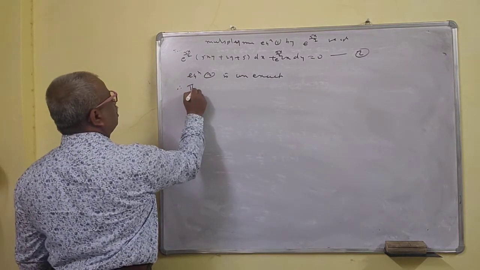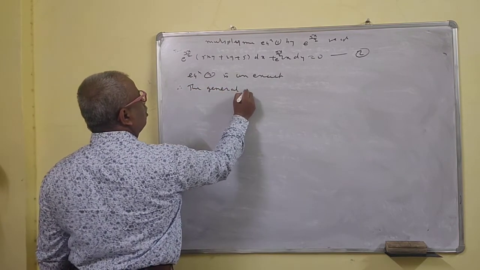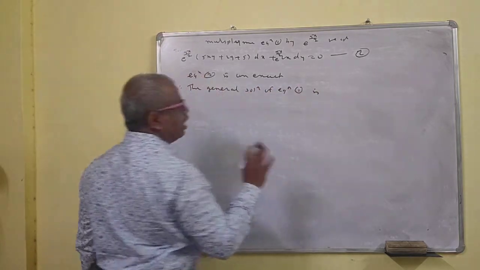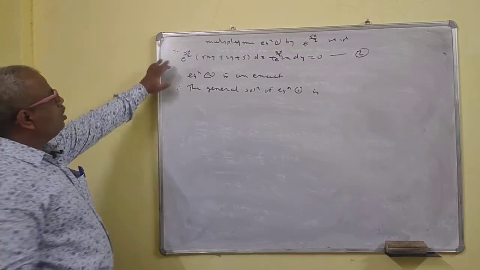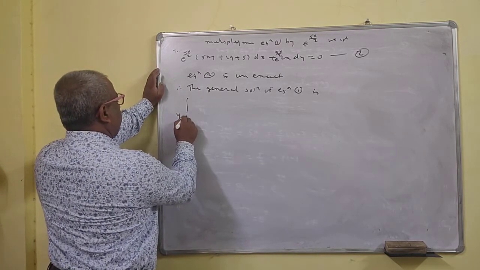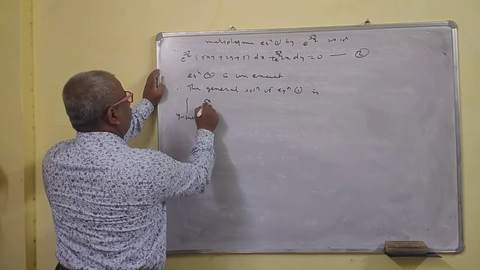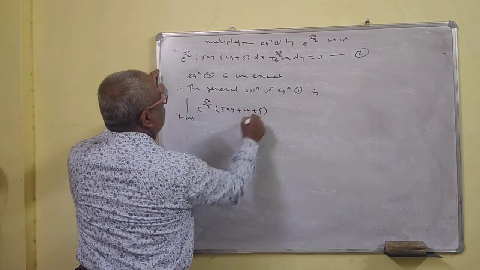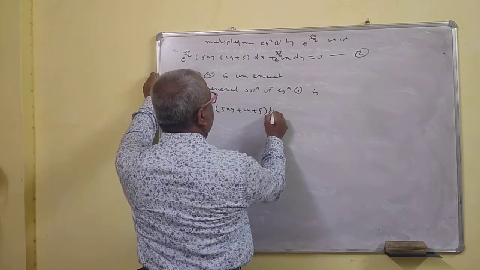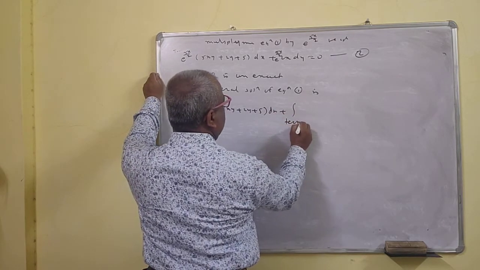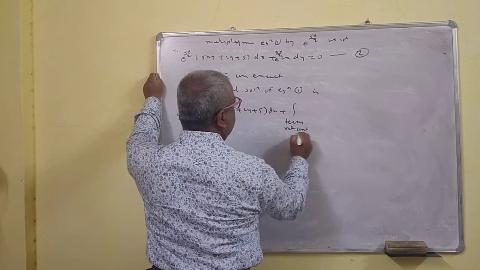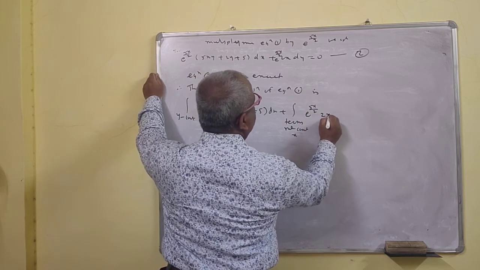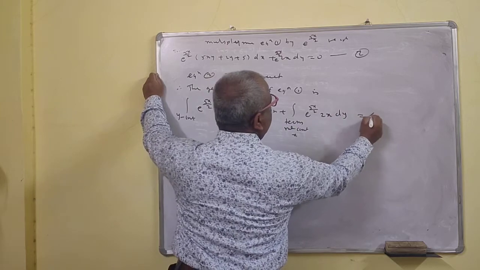So therefore the general solution of equation 1 is, you have to integrate this: integral, y constant, of e raised to 5x by 2 times (5xy plus 2y plus 5) dx, plus the integral of the term not containing x, e raised to 5x by 2 times 2x dy, is equal to c.